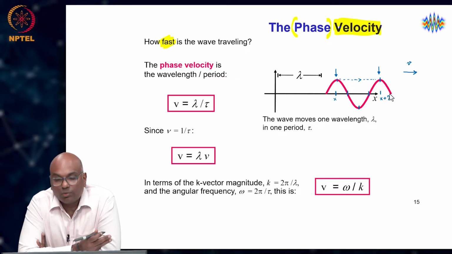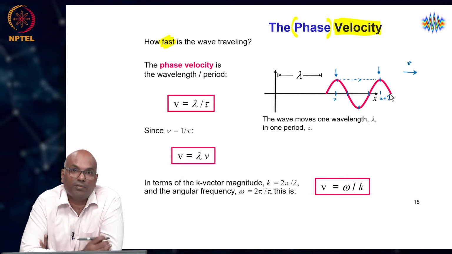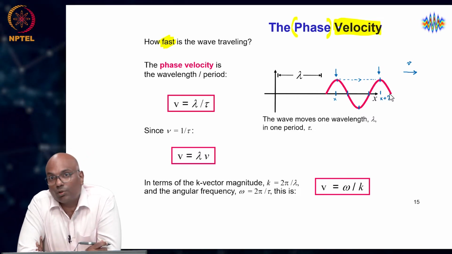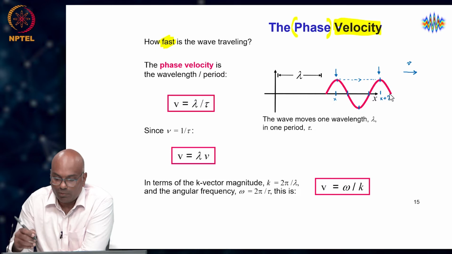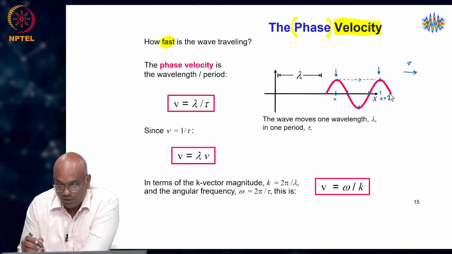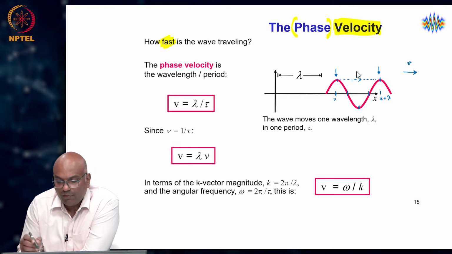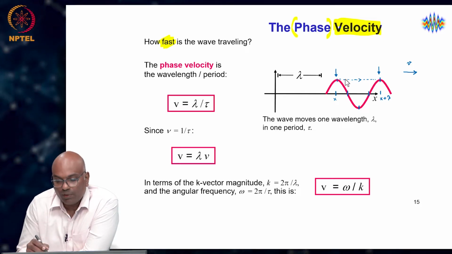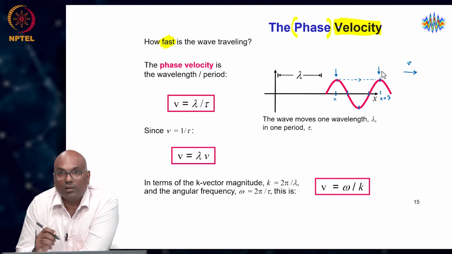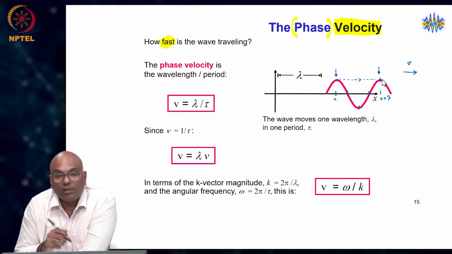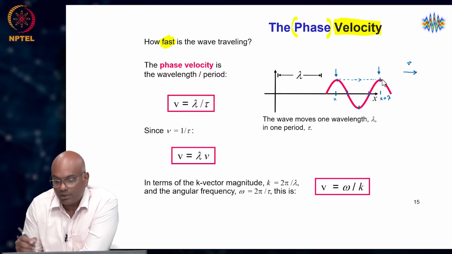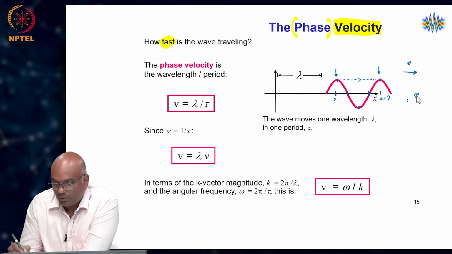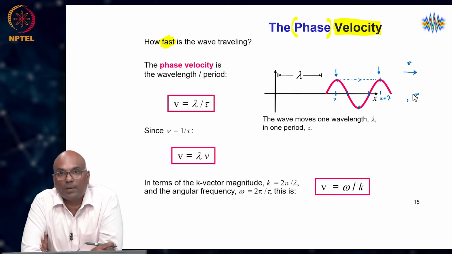Now, the answer to this question lies in the very definition of this sinusoidal wave itself. We told ourselves that essentially at every interval of lambda, the shape of the wave repeats itself, right, and this repetition in the shape happens after an interval of time tau, right.